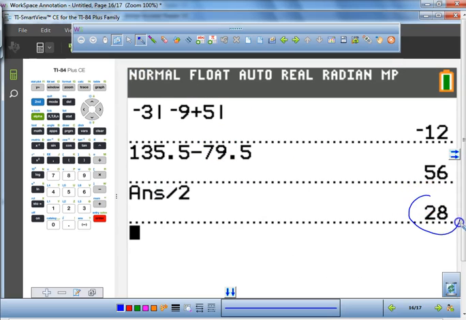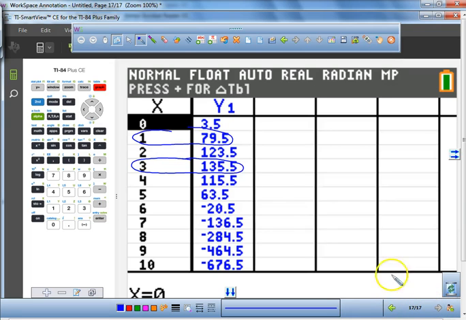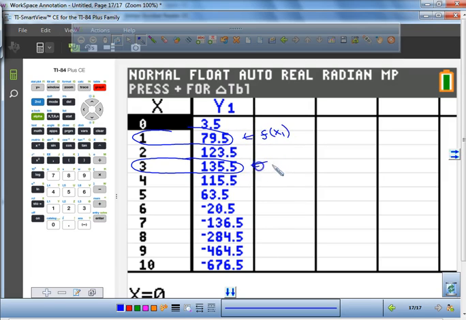You get an average rate of 28. So remember, this was your f of x1. This was your f of x2. This is your x1. This is your x2. All right?